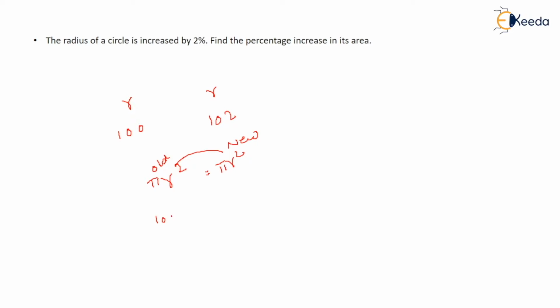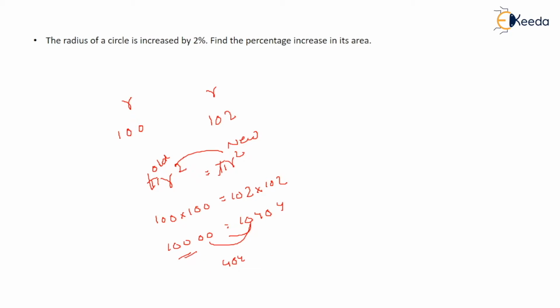This is 100, pi gets cancelled, 100 into 100, and here it will be 102 into 102. That comes out to be 10404. This comes out to be 10000. So how much is the change? 404, right?